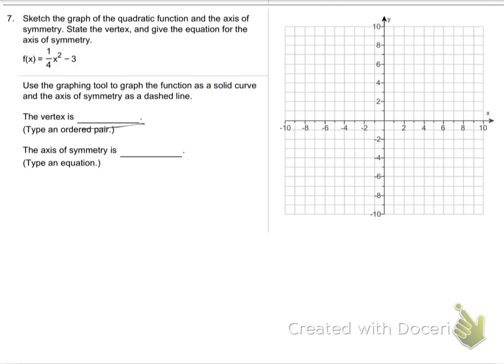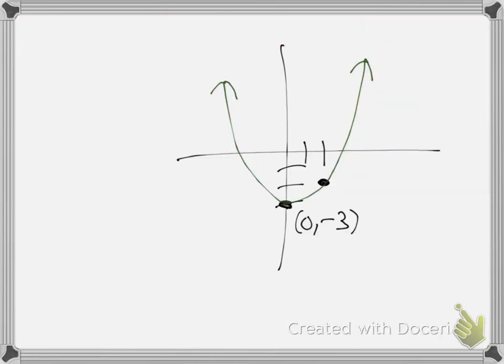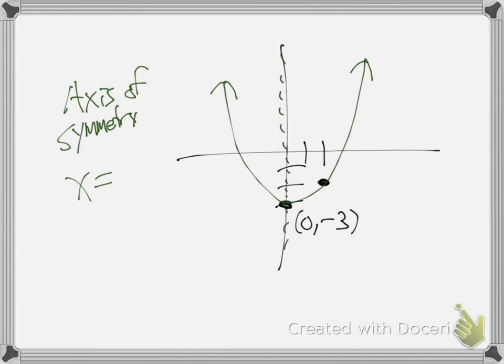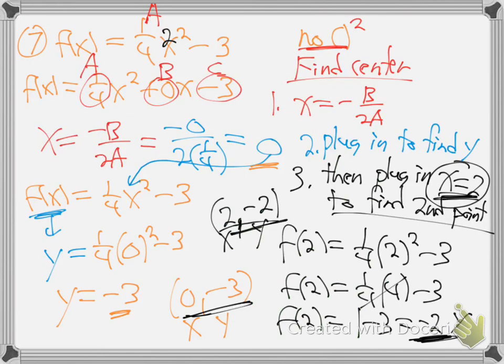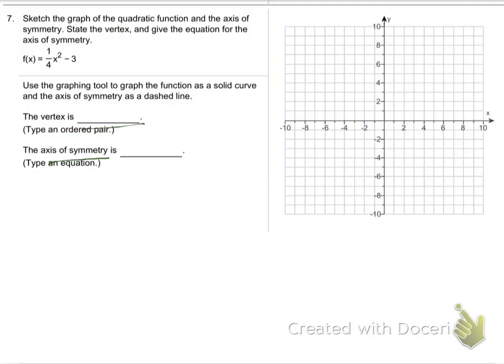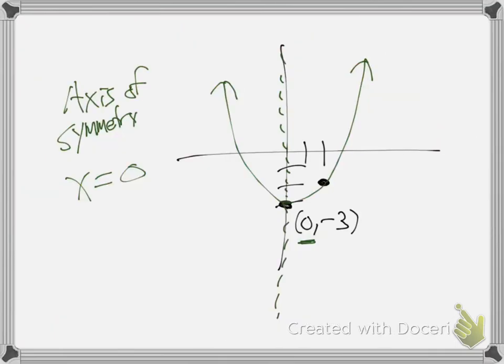We already got it. That's the center. The axis of symmetry is always x equals the x value, 0. They want you to graph it right on there as a dashed line right through the middle, and x equals 0 is the equation of the axis of symmetry.